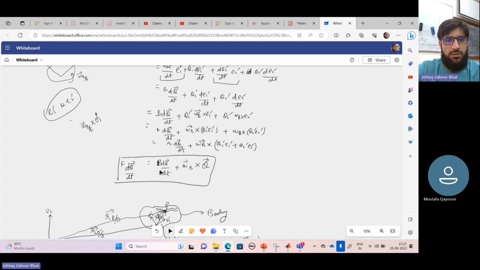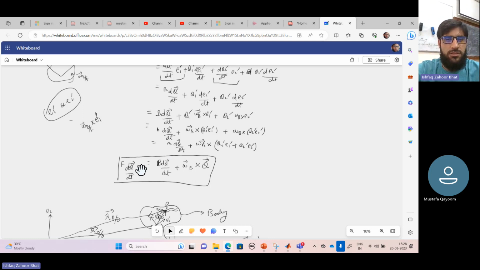So if we have two frames, let's suppose both of them are non-inertial frames, we can find the derivative of any general vector Q in one frame, that is the F frame, as the derivative of the vector in another frame, that is the B frame, plus the angular velocity of this second frame, the B frame, with respect to the first frame.